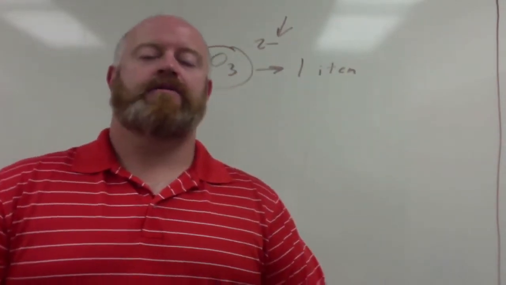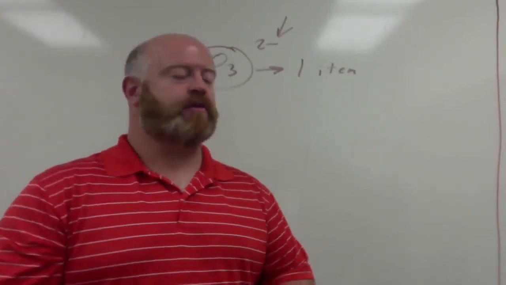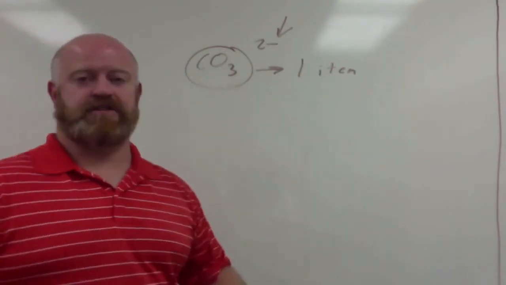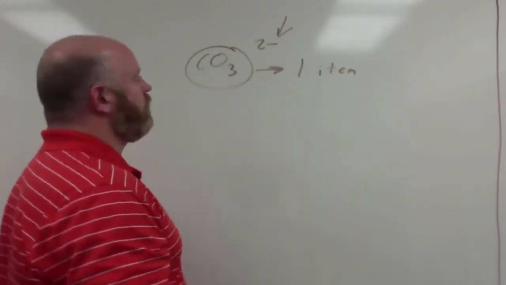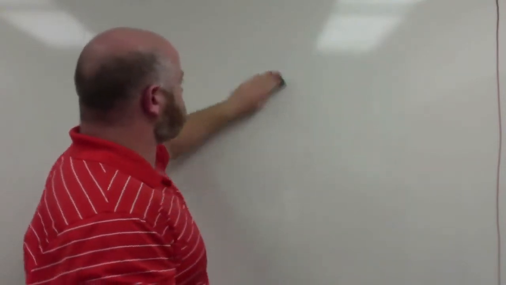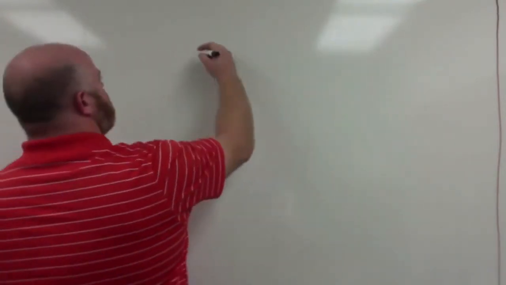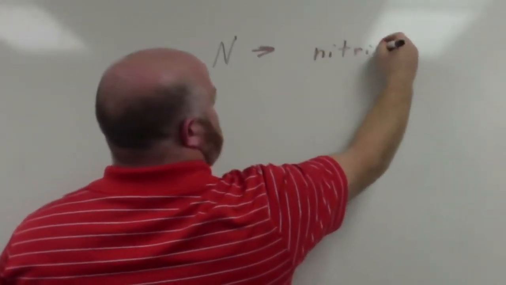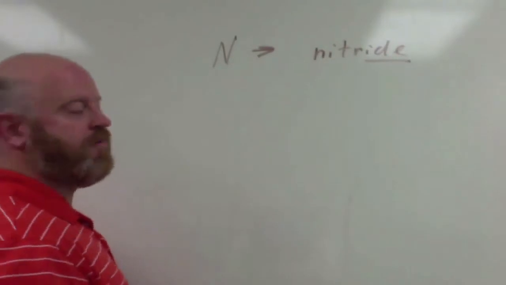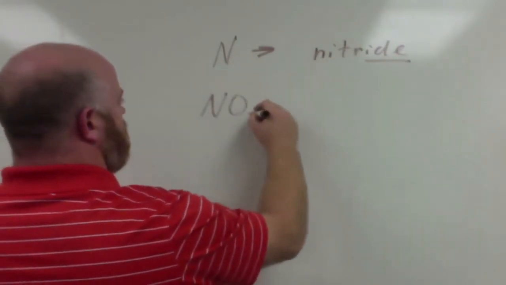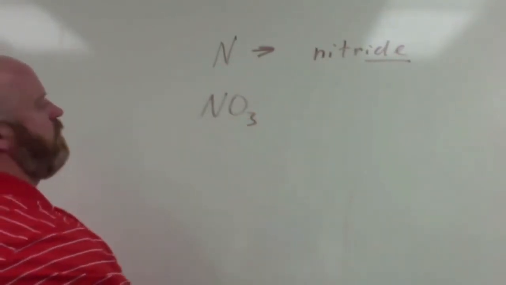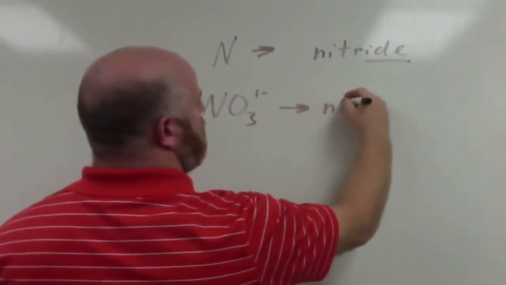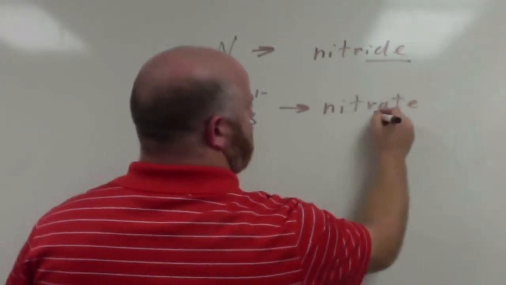Now, when it comes to naming them, we had to distinguish between carbon by itself and carbon bonded to oxygen in these polyatomic ions. If you had just nitrogen, we would call that nitride. But if you have NO3 as a polyatomic ion with a 1- charge, we call that nitrate.